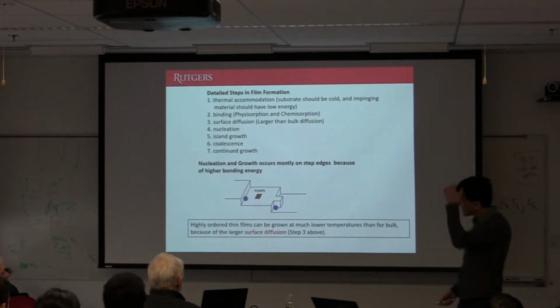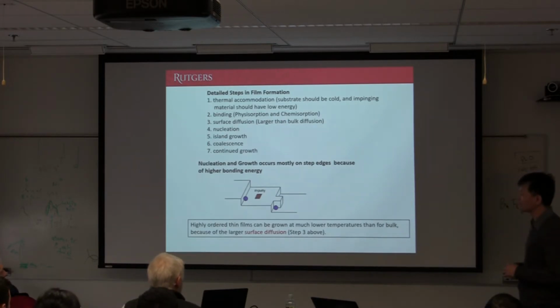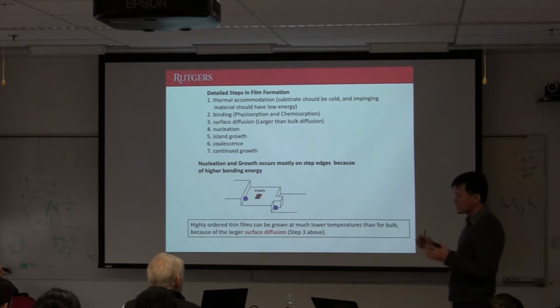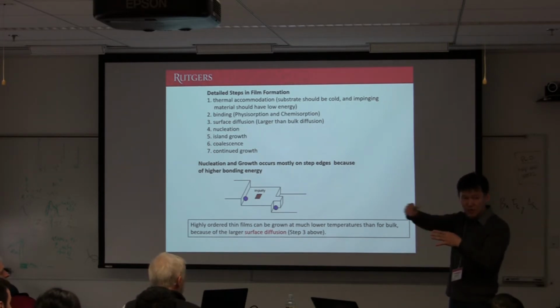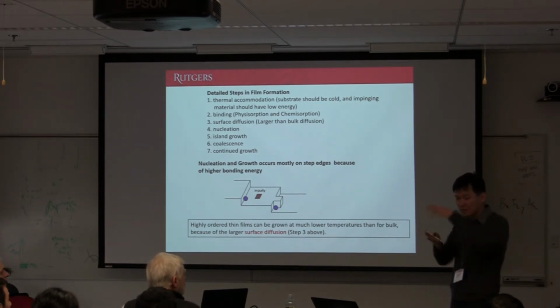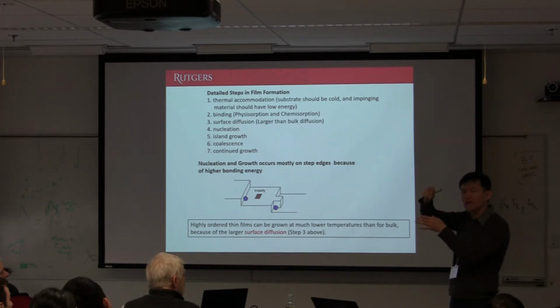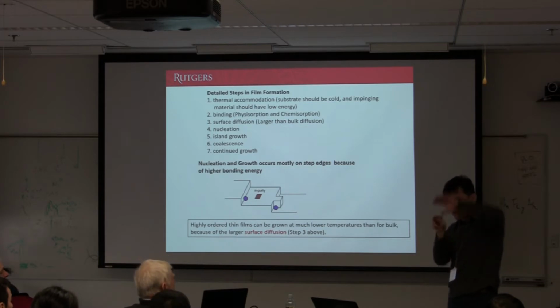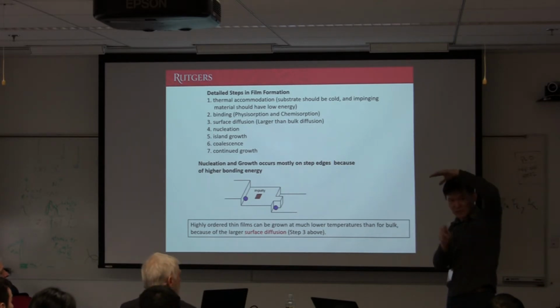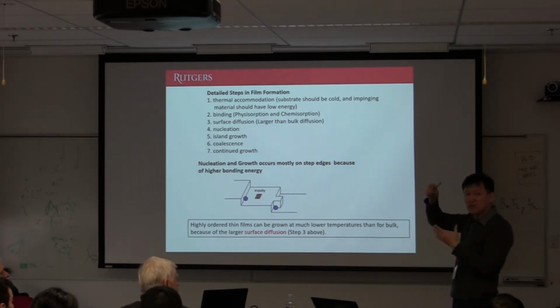Another important thing to understand about thin film growth is that once an atom starts to move on the surface, it moves very fast compared with inside the bulk, because on the surface the atom has bonding only at the bottom, for example. Inside the bulk, it is bonded in all 3 dimensions, so diffusion is very, very difficult.